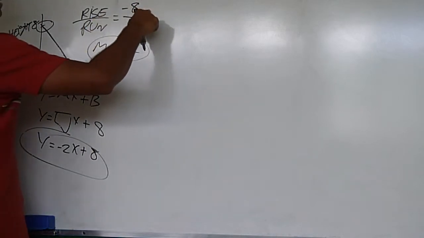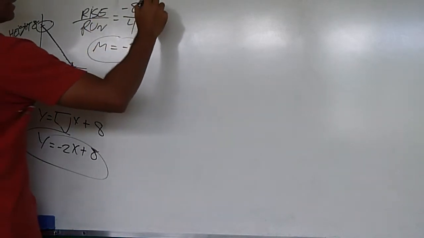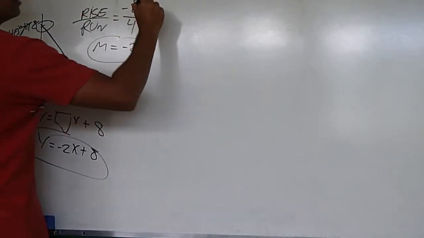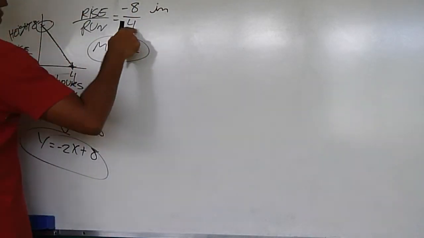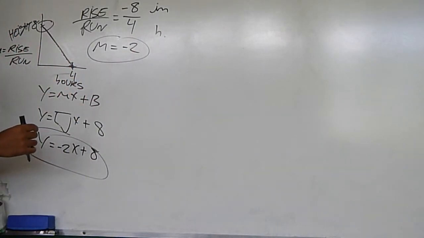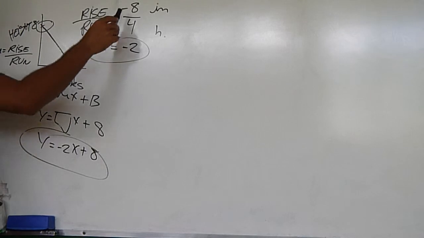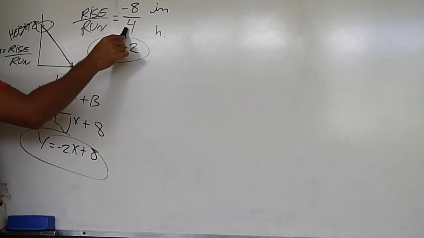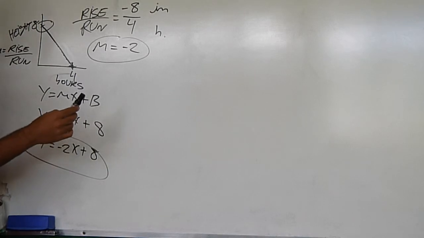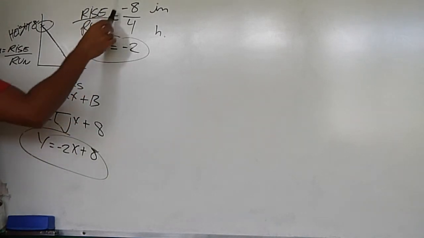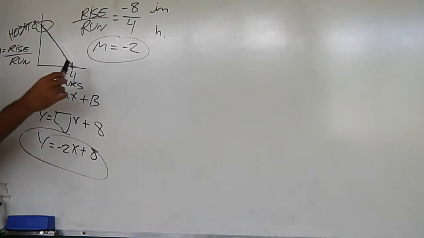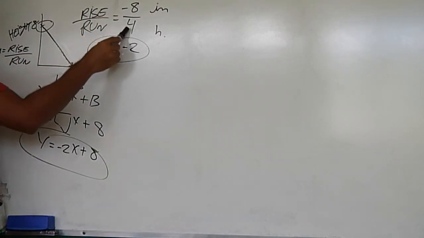So this is the minus 8 here. This is inches, and this is hours. So how fast is this thing burning, this much in this much time? This original candle we're talking about is burning 8 inches in 4 hours.